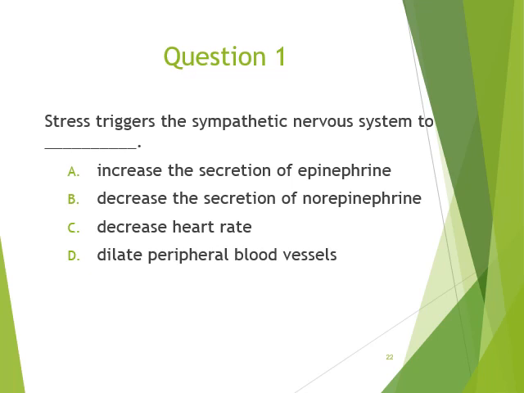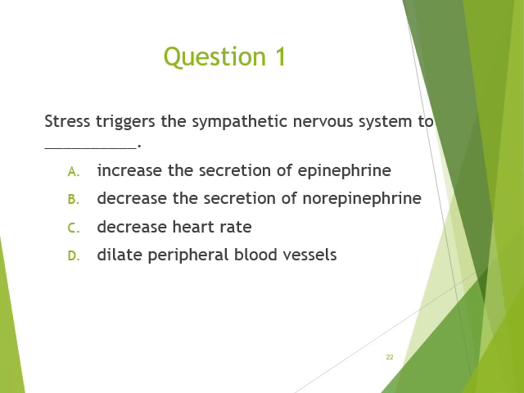Dexamethasone or Decadron is a major agent used for patients with neurologic disorders. So they might get a large IV dose. These aren't oral. These are IV. And they would decrease the fluid amount, or they would decrease the inflammation in neurological disorders. So that's basically the drug in this chapter. Let's go to the question.